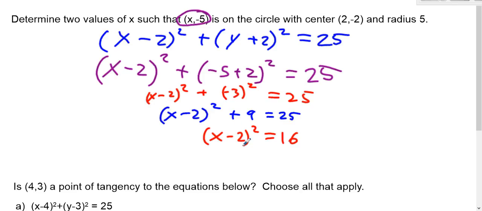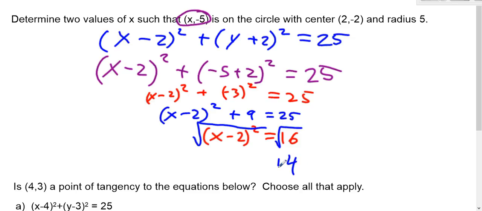So to solve this, since we have a squared around our x, we're going to square root. But something that you need to make sure you remember is when you square root an equation, your answer is plus or minus. Because when you square root 16, we get 4. But 4 times 4 is 16, but so is negative 4 times negative 4.